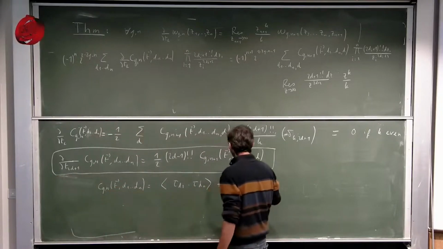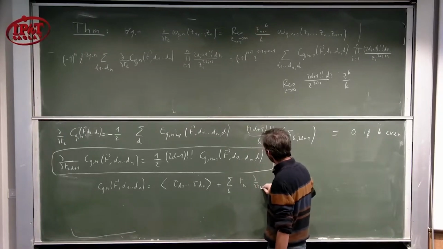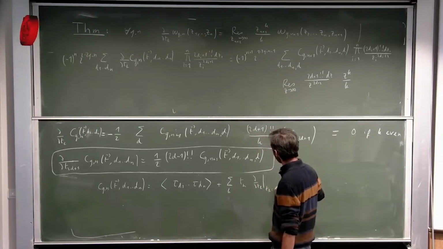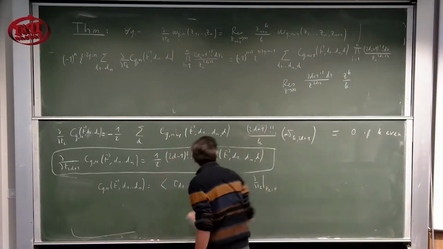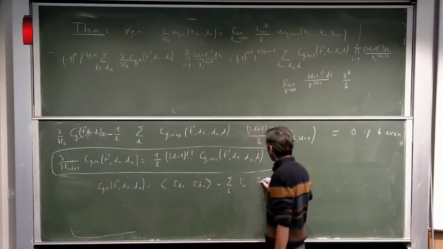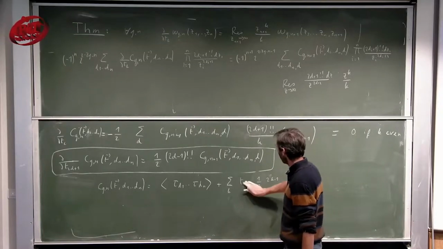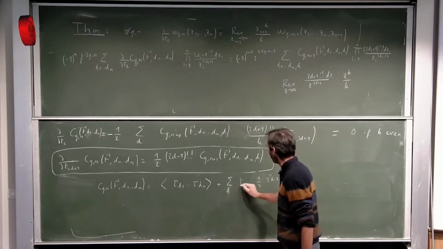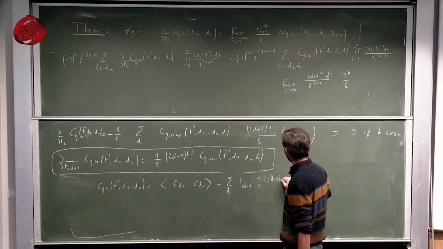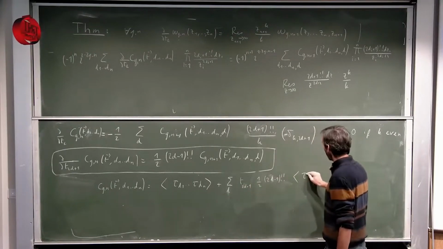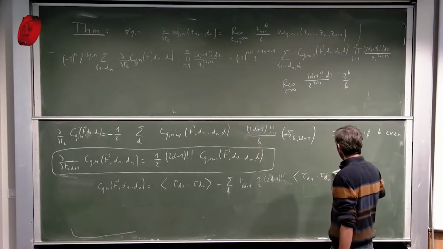Plus sum over k, t_k, d over dt_k evaluated at t_k equals 0 of C_{g,n}, which will be 1/4 of (2d minus 1) double factorial, tau d1 ... tau dn times tau d.